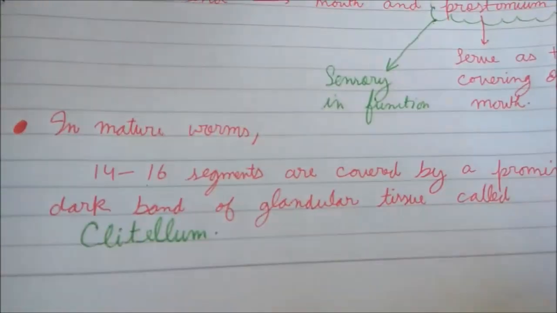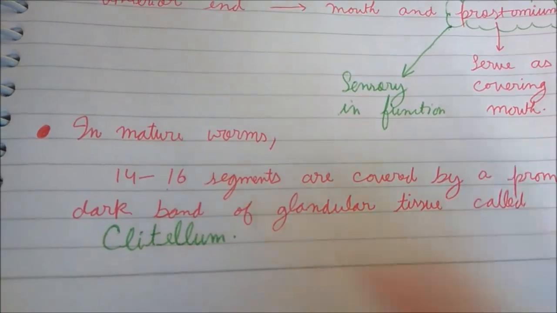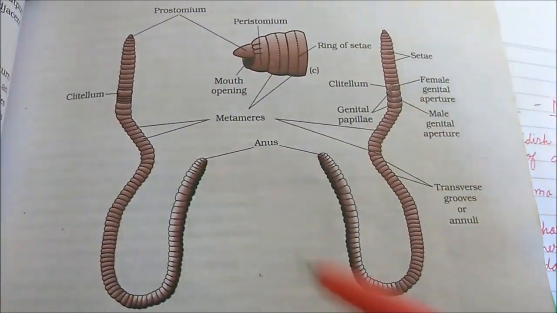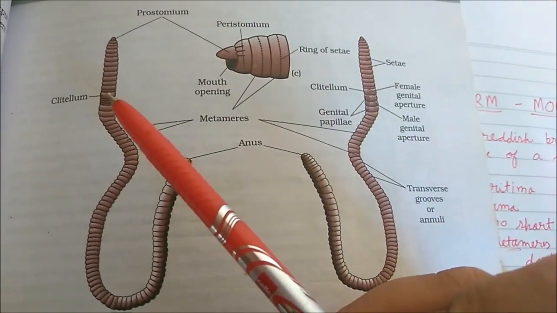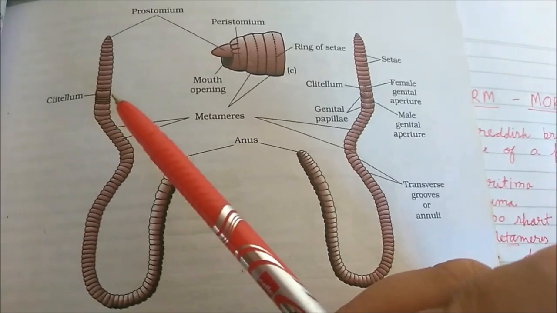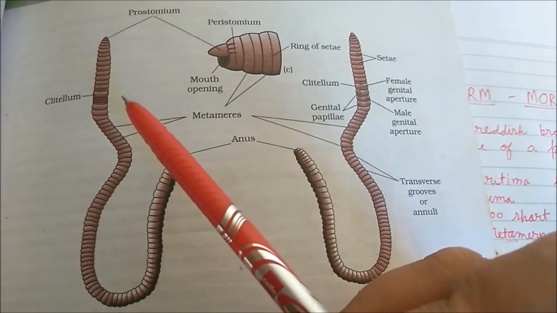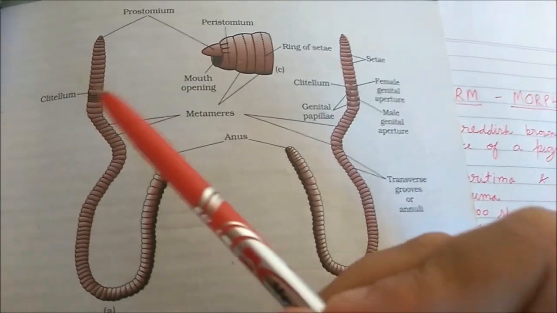So now let's see what the clitellum is, where it is, and how it looks. This is the whole structure of earthworm. The clitellum is this part which doesn't have segments. This part lies between the 14th and 16th segment. Please note, the 14th and 16th segment.